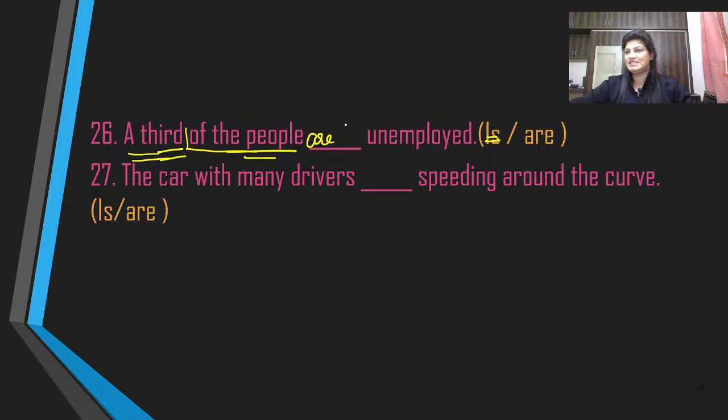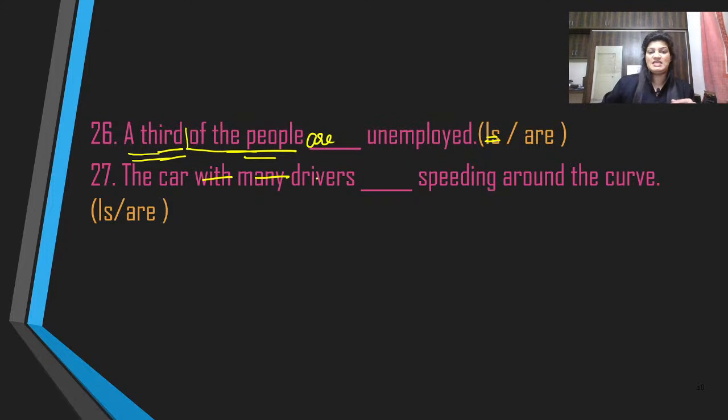Hello, Jyoti. Okay, so question number 27. The car with many drivers is or are? Okay, there are differences of opinion. A few say is, and a few say are. What's the correct answer?